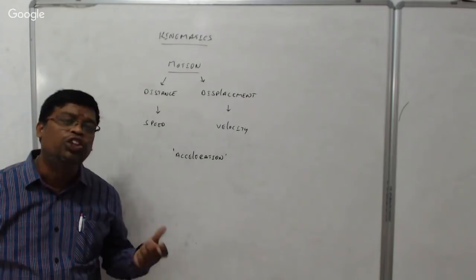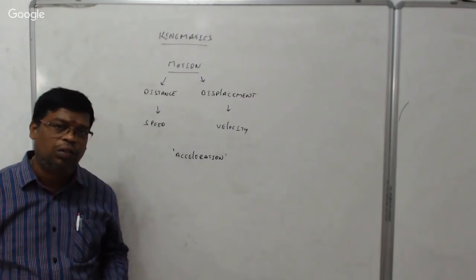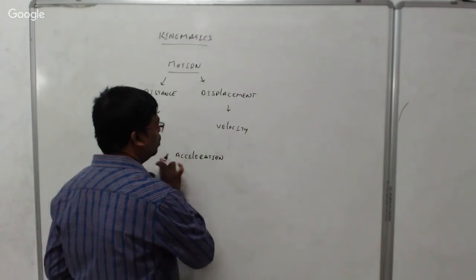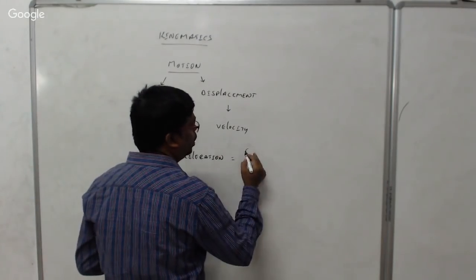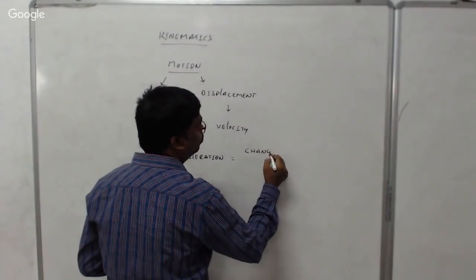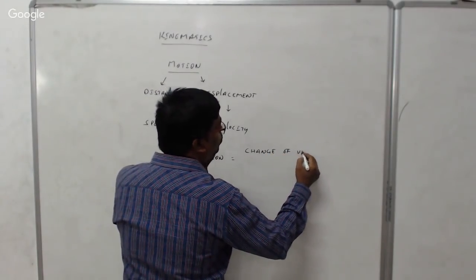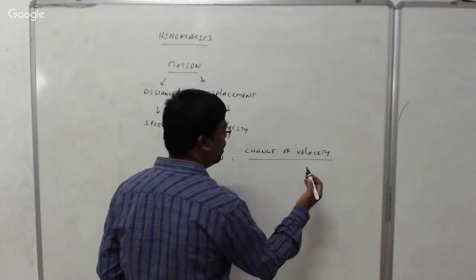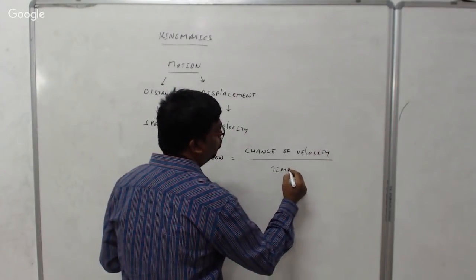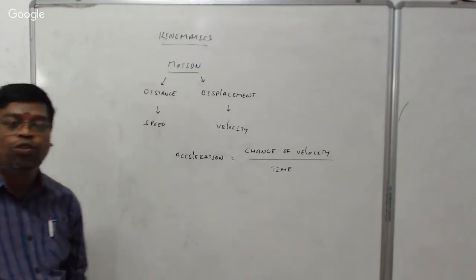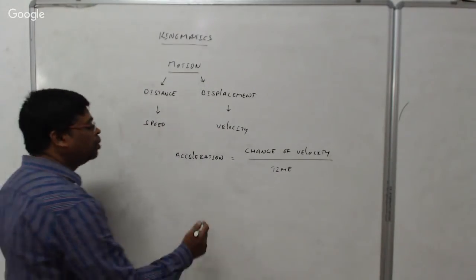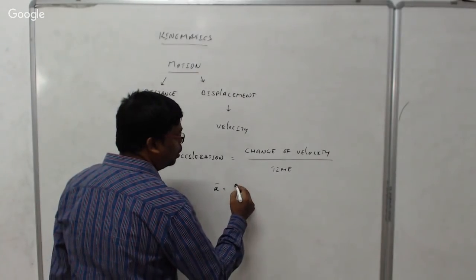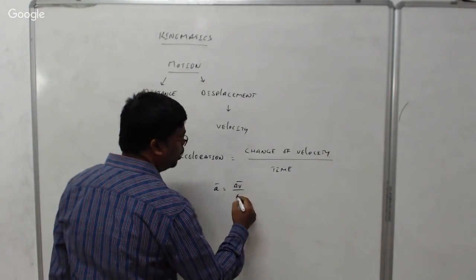The rate of change of velocity is called acceleration. So, acceleration is equal to change of velocity by time. So, acceleration A bar is equal to delta V bar by delta T.